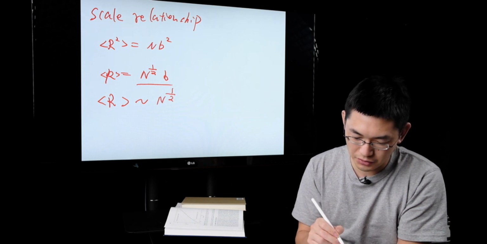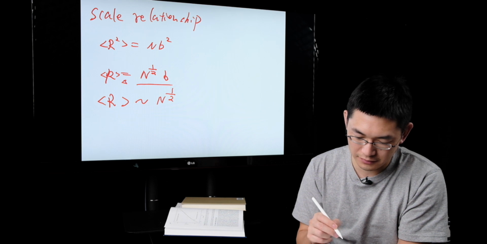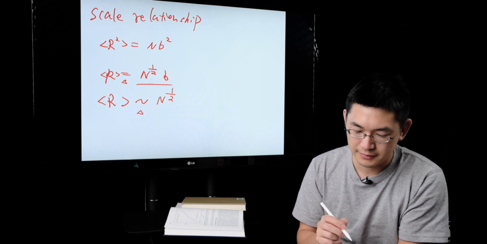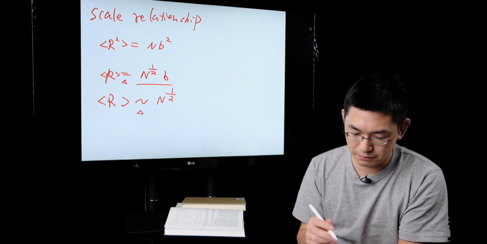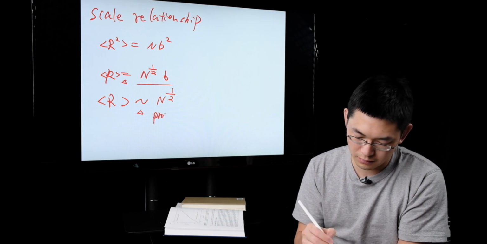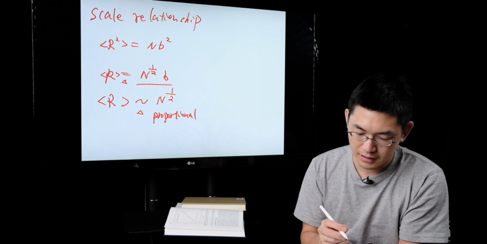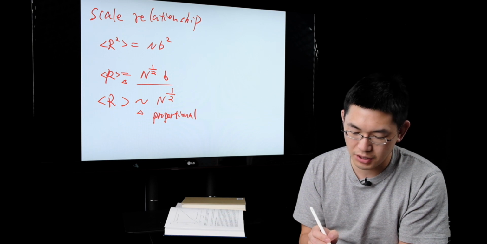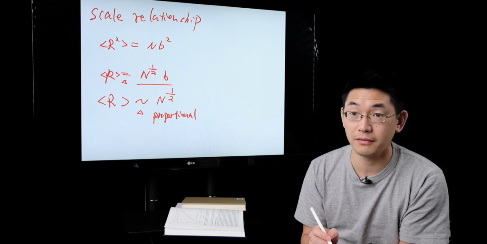Instead of an equals sign, we use this symbol, and that means proportional. What that means is your end-to-end distance R scales with n to the power of 0.5.